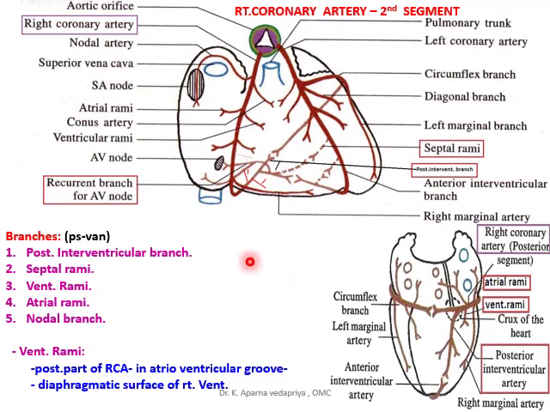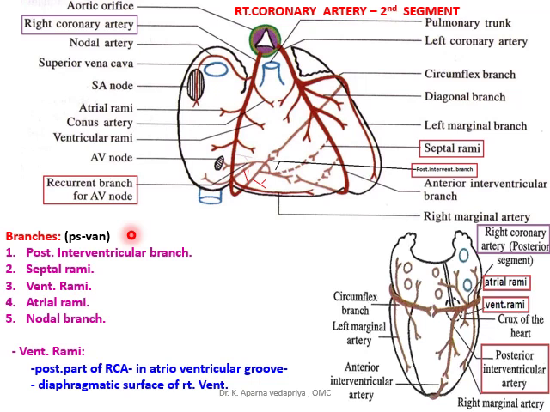And now coming to the branches of the posterior segment, that is the second segment, which is in the posterior part of the atrioventricular groove. The branches again here are the ventricular rami, the atrial rami, the posterior interventricular branch, which is very important, septal rami, and nodal branch. These branches you can remember by the mnemonic PS1.